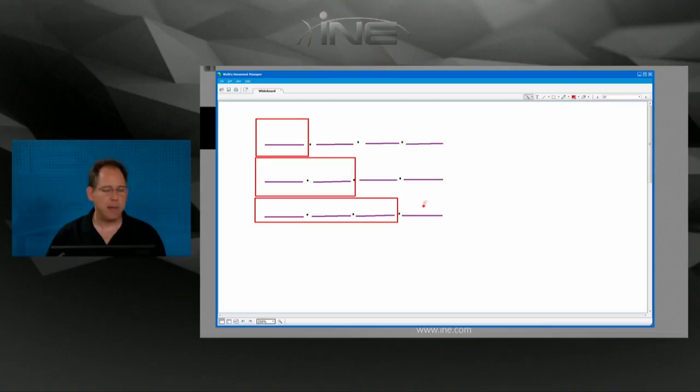And there's only 8 bits left to represent the node address or the host address. And this is what they called classful addresses. This first one is what they called Class A addresses. And you can probably guess what this was, Class B addresses. And this was Class C addresses.